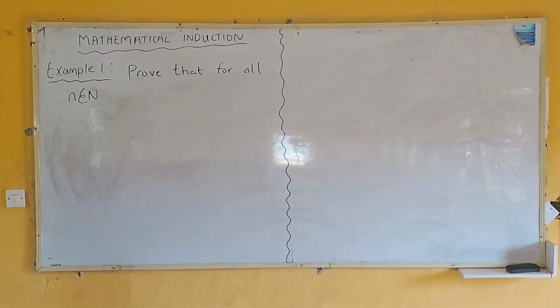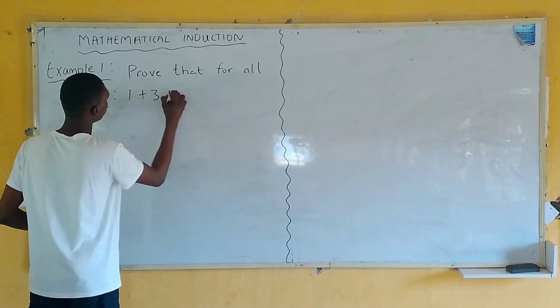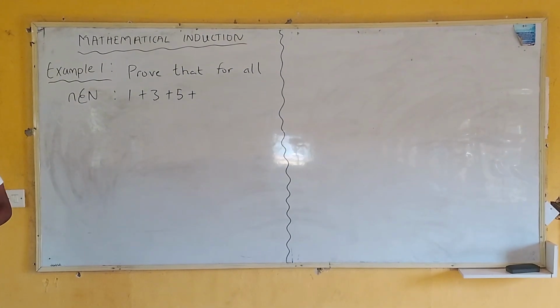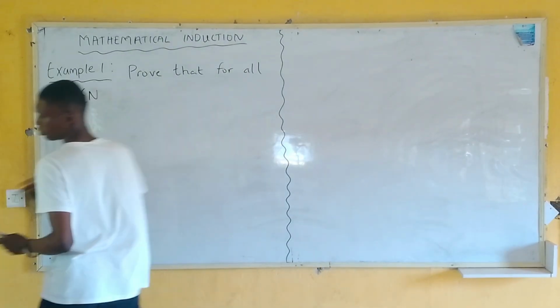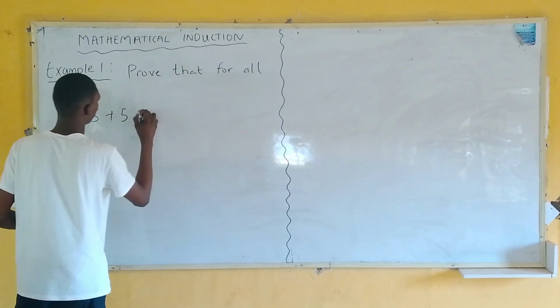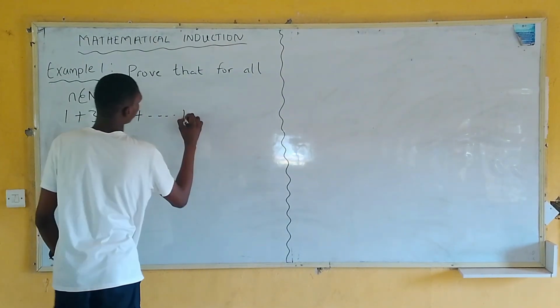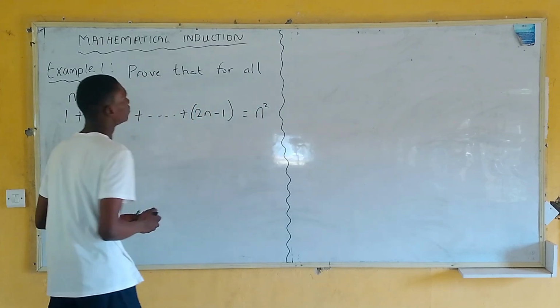So they said: prove that for all n an element of the natural numbers, 1 plus 3 plus 5 plus dot dot dot, plus open bracket 2n minus 1, is equal to n squared.